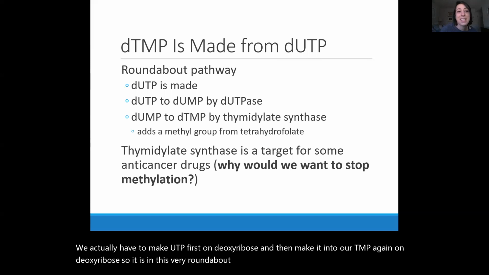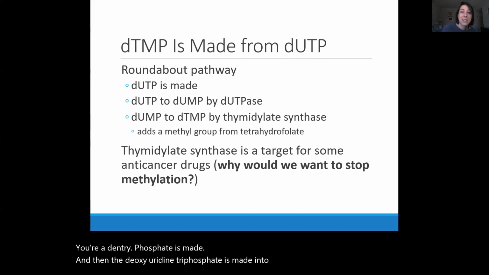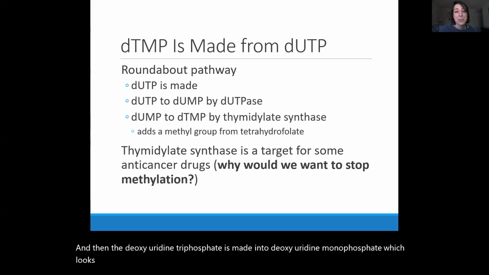So first the deoxyuridine triphosphate is made, and then the deoxyuridine triphosphate is made into deoxyuridine monophosphate, which looks like the word dUMP, by a molecule called deoxyuridine triphosphatase.